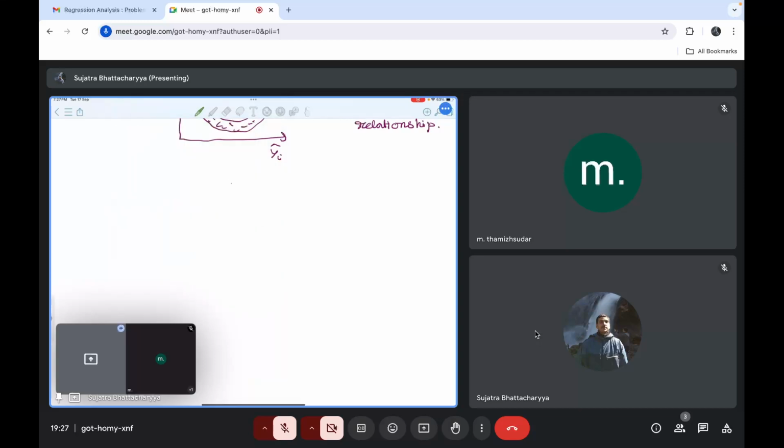what you call variance stabilizing transformations. Okay, variance stabilizing transformations. So here what happens is that we have a constant variance assumption that V of epsilon is sigma square, which is constant.